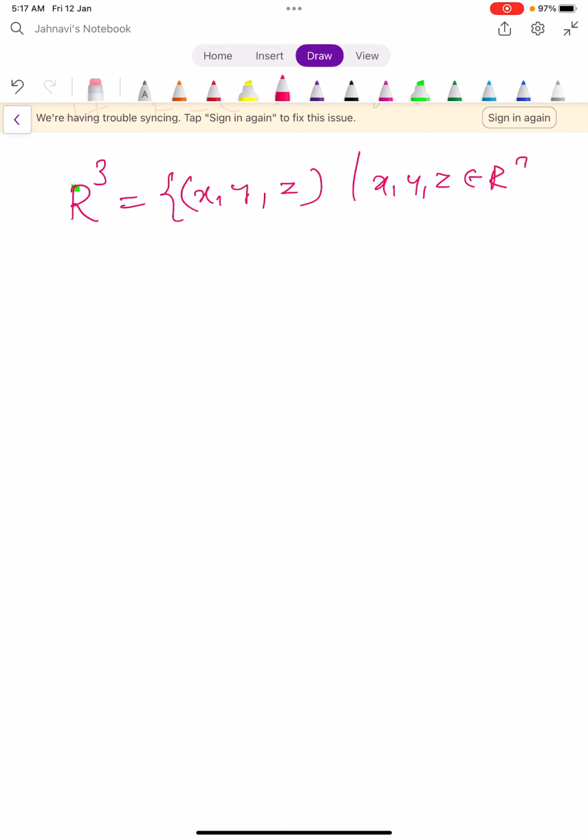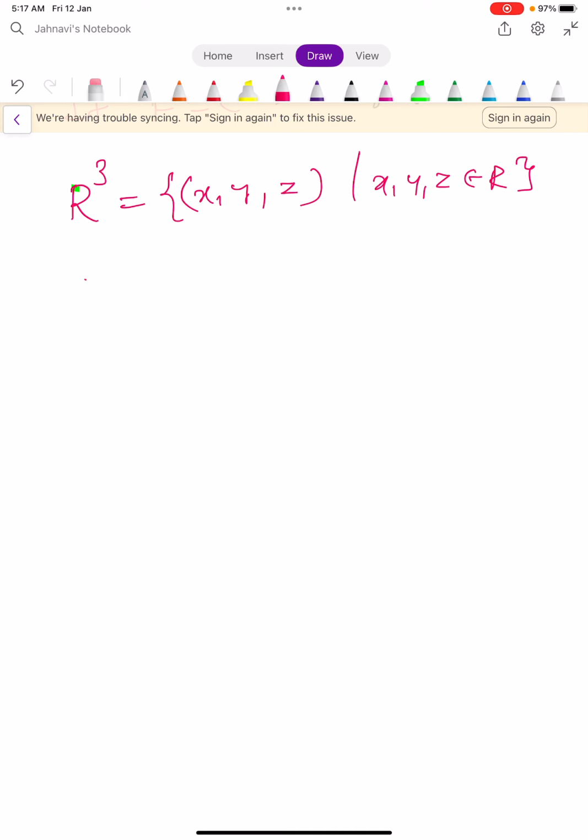Let us see one more important point here. On R cube, meaning the set of all ordered triads x comma y comma z belonging to R, there is an inner product called the standard inner product or dot product, defined in this way.